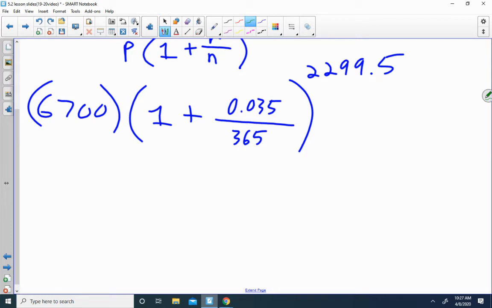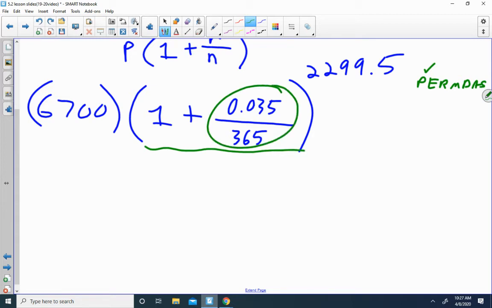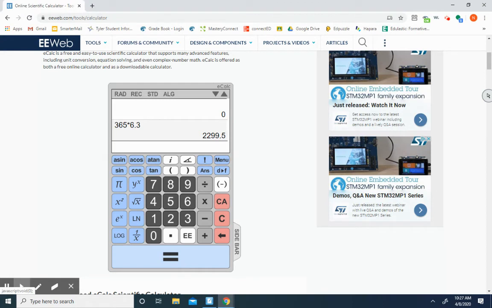Okay, first things first, again, if you follow PEMDAS, we got to do parentheses first. So parentheses will be this part. So I'm going to go ahead and do this part, 0.035 divided by 365. All right, so clear. 0.035, divide that by 365.